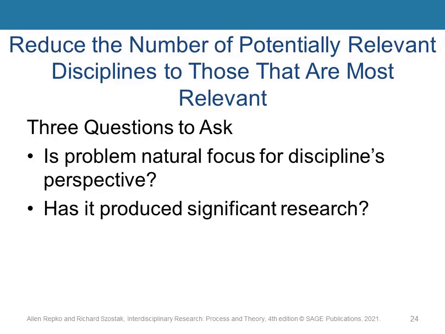The second question is, has the discipline produced a significant body of research on the problem? This information, which includes insights and supporting evidence, can usually be found in peer-reviewed journals and academic publications. You might also consider asking disciplinary experts for their opinion about the significance of a body of research.